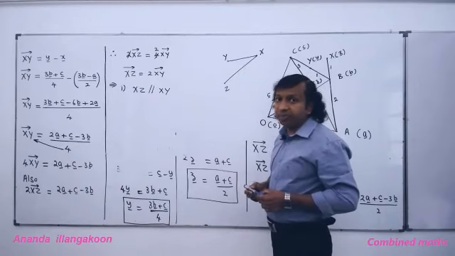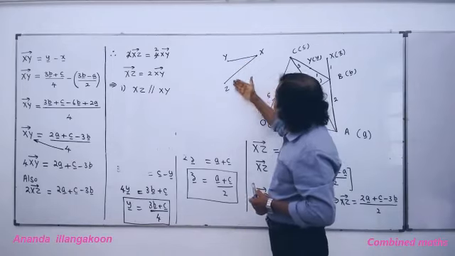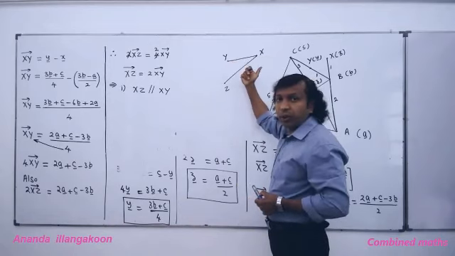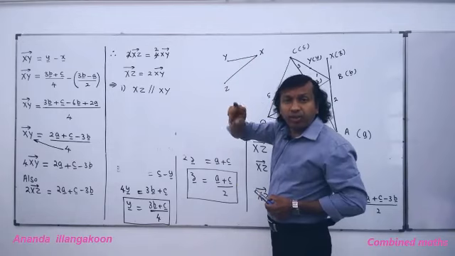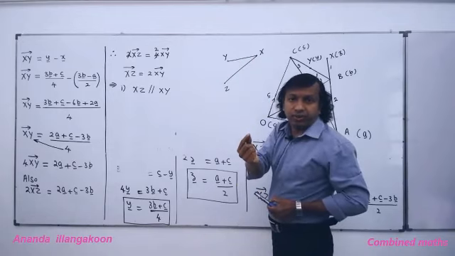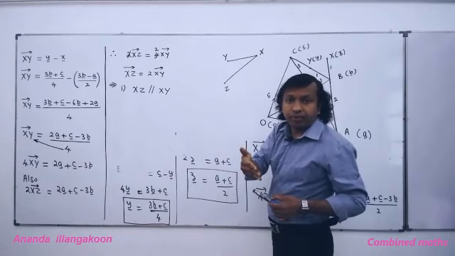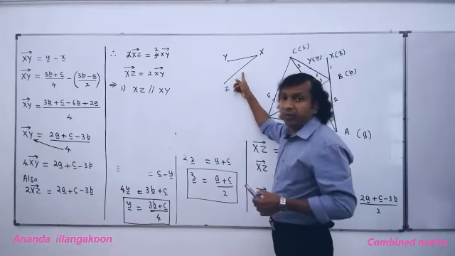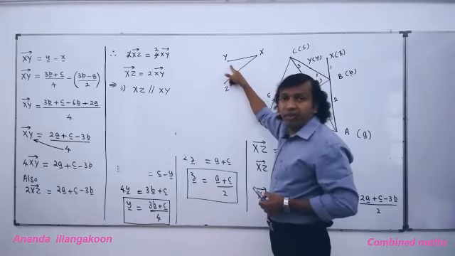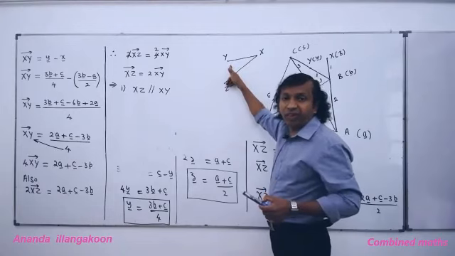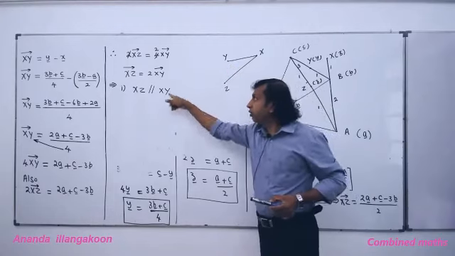According to this diagram, can this XZ and XY be parallel? No. Two line segments start from a point and they must be parallel. For this diagram, obviously you can see XZ and XY are not parallel, but they must be parallel according to this statement.